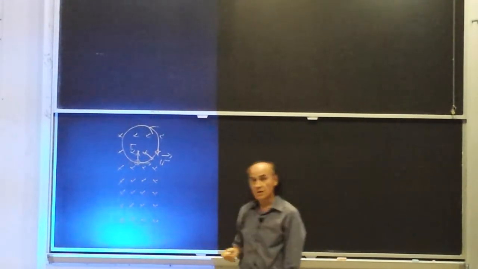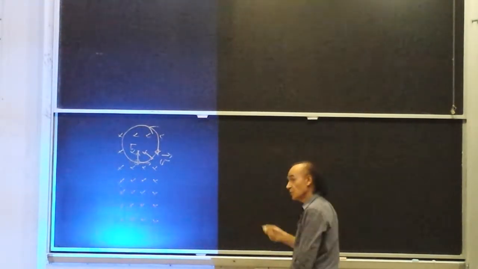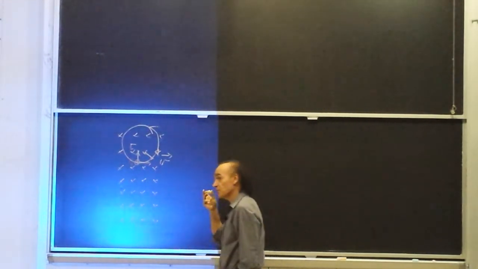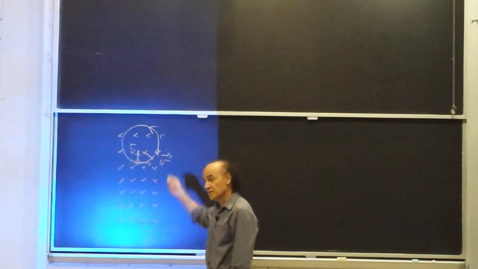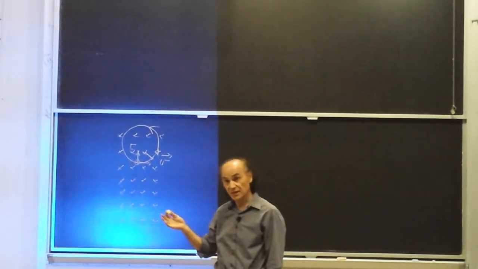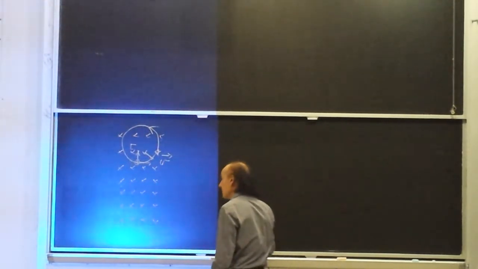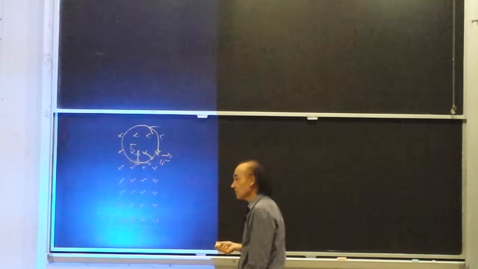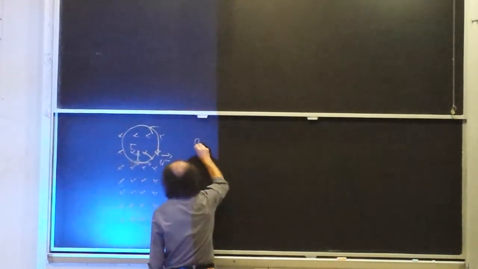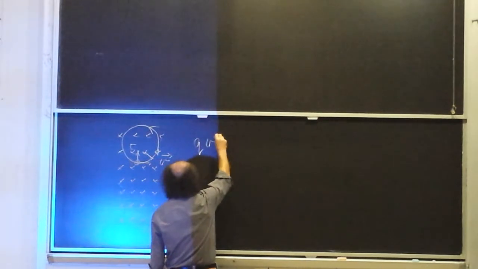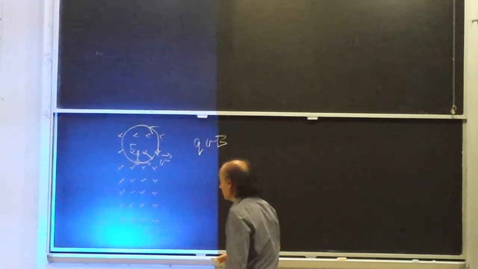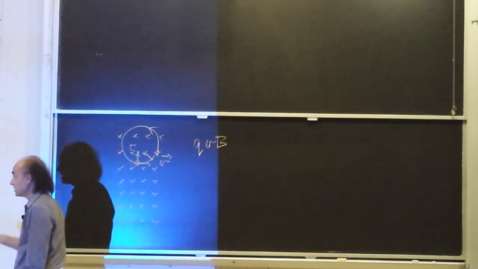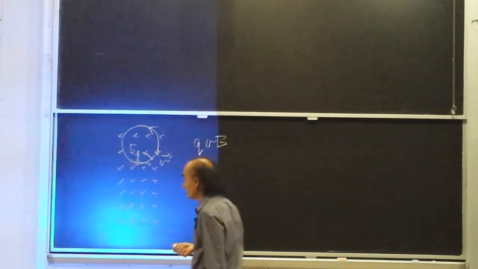Basically, this is circular motion, which has centripetal acceleration and centripetal force. Although the speed is the same, the velocity is not the same. Velocity changes direction. So basically, the whole reason for this is magnetic force. Magnetic force is the centripetal force in this case. So this magnetic force, which is qvB, in this case the angle between v and B is 90 degrees, so sine theta is 1, it goes away.